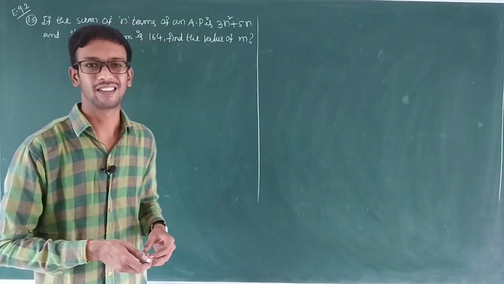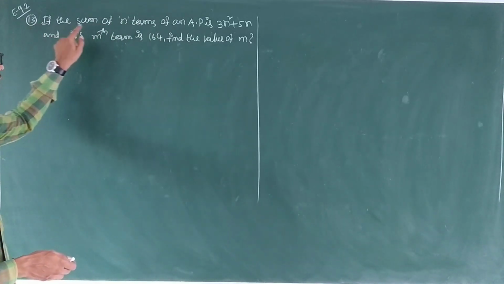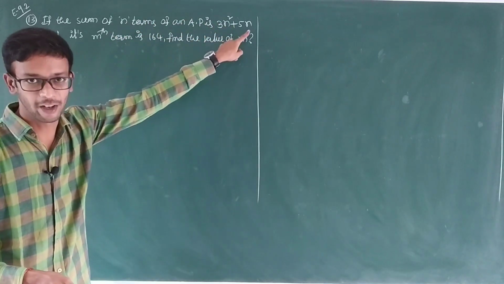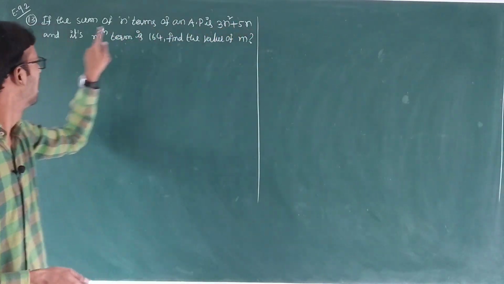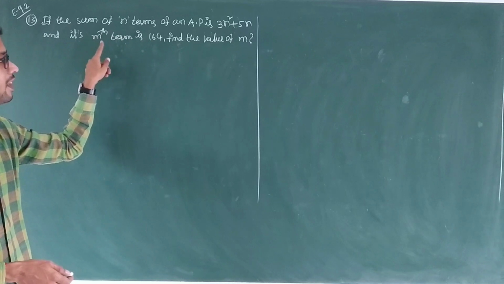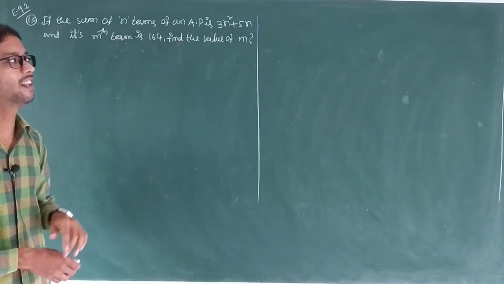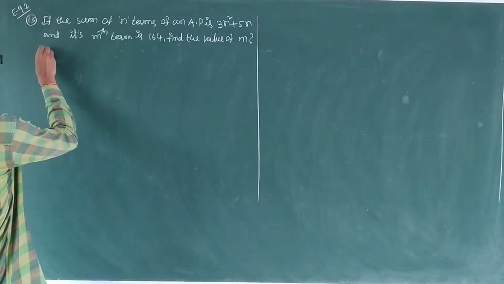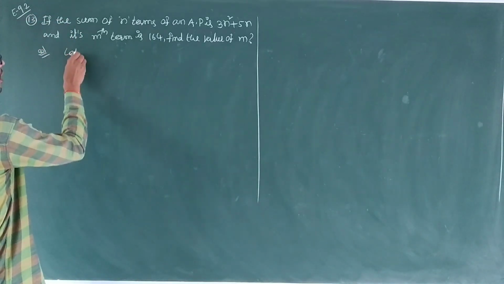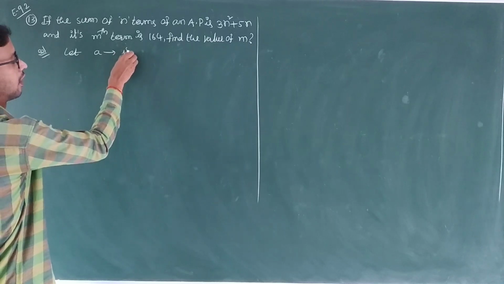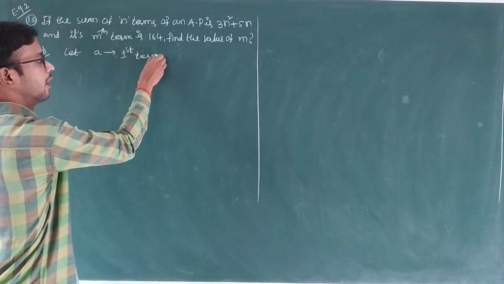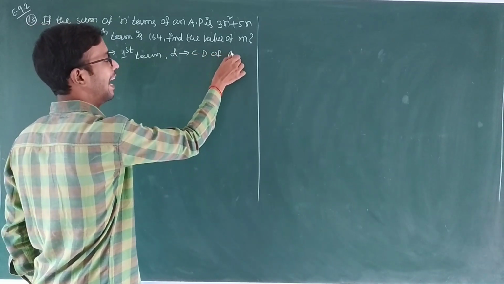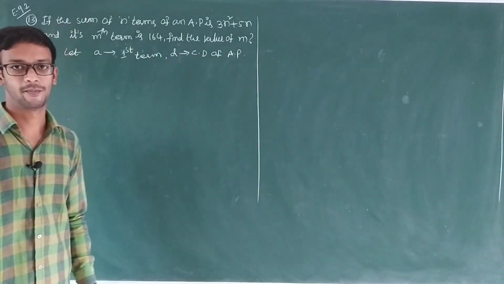Next, problem number 13. If the sum of n terms of an AP, that is nothing but Sn, and mth term means am, is given, find the value of m. Simple problem, this one. Solution: let a be the first term, d be the common difference of an arithmetic progression.